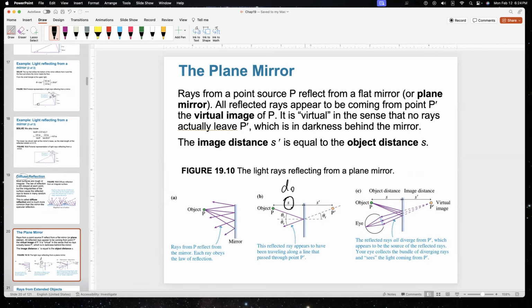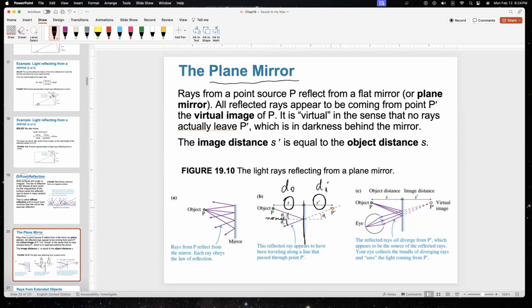Here's an object, could be a person, and here's the plane mirror. Following the law of reflection, light reflected off your face is going to go to the mirror and reflect off the mirror with the same angle that it came in, with respect to the normal line, always with respect to the normal line.